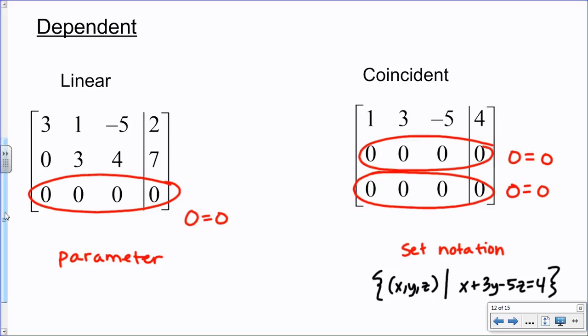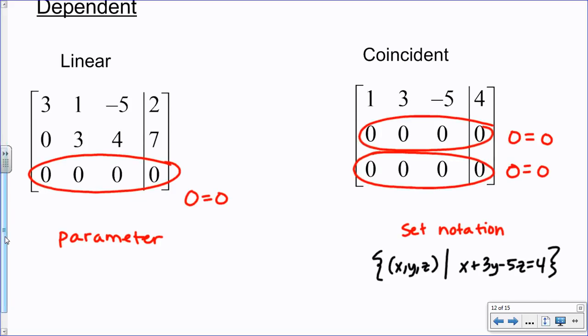Okay, let's talk about writing this as a parameter now. To write it as a parameter, you want to go to the row that has just 2 variables. So you want to start here. That's 3y plus 4z equals 7.